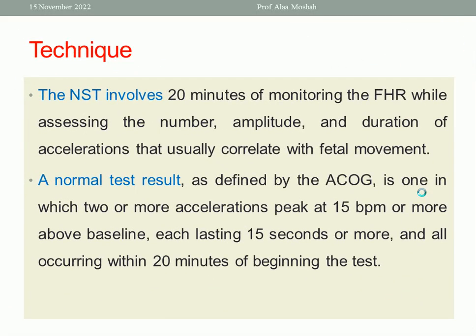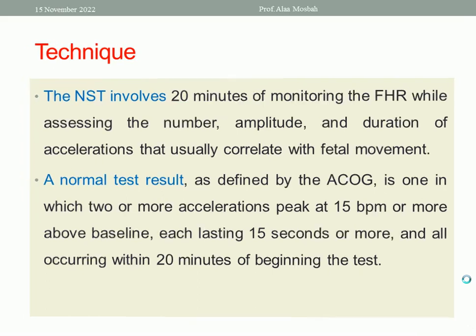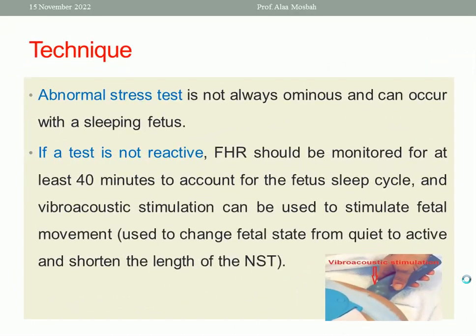You are going to do the test for 20 minutes. Then you measure the fetal heart rate and assess the number, amplitude and duration of accelerations that usually correlate with fetal movement. And you will find the result either reactive or non-reactive, as I mentioned before.